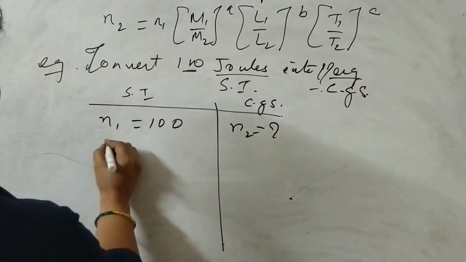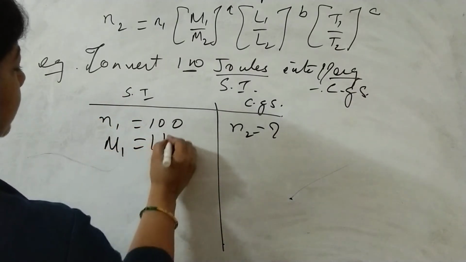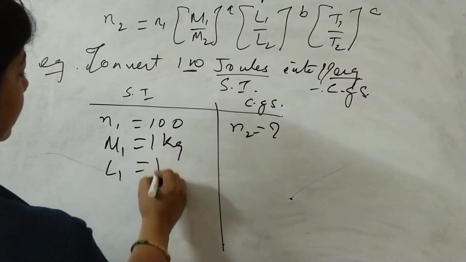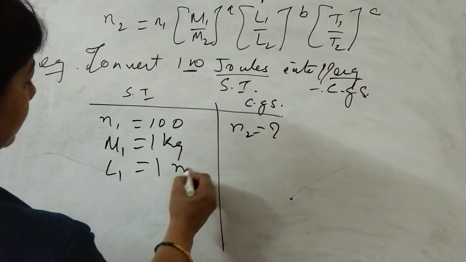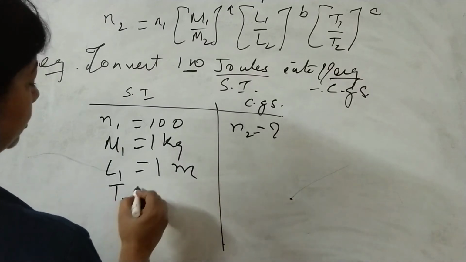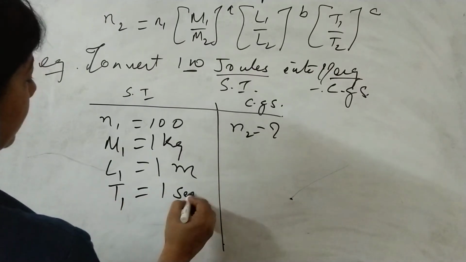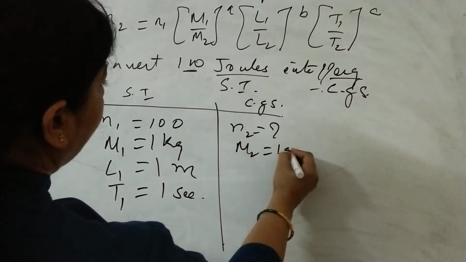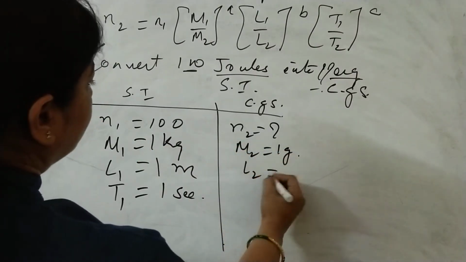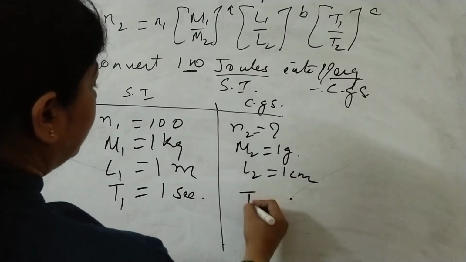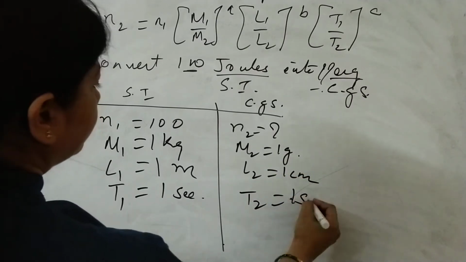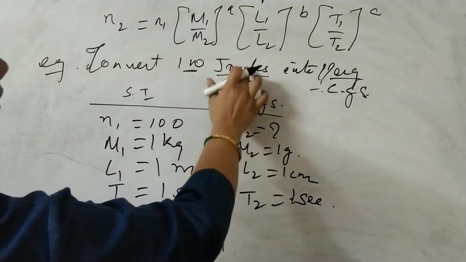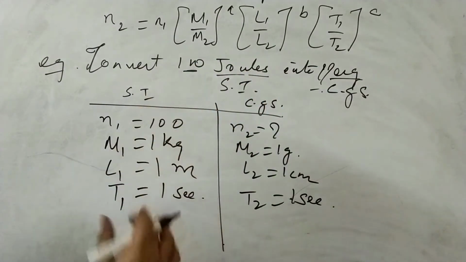Now M1 is 1 kg, that is the SI unit, measured in terms of kg. L1 we measure in terms of 1 meter, and T1 is 1 second. In the CGS unit, M2 is equal to 1 gram, L2 is equal to 1 centimeter, T2 is equal to 1 second. Now the physical term we are talking about is work.